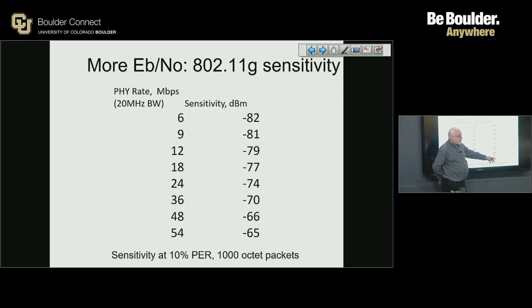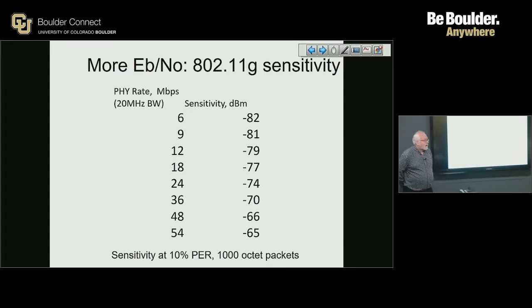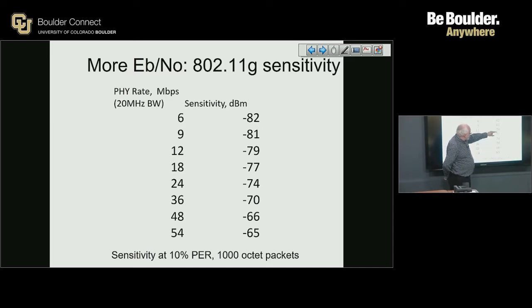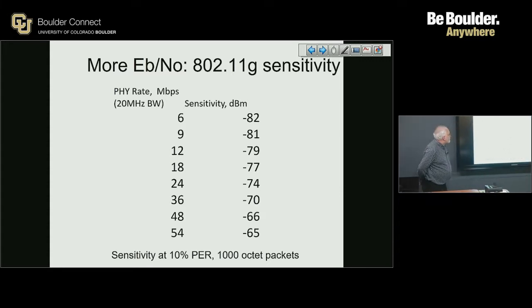That makes sense, because you would need a higher signal to noise ratio to maintain the same bit error rate or packet error rate, because the bits are getting narrower, so you have a smaller Eb/N0. At 54 megabits per second it's minus 65 dBm, so there's a swing of 17 dB between these two. You have to have 17 dB more power to operate at this speed than at this speed for the same packet error rate.